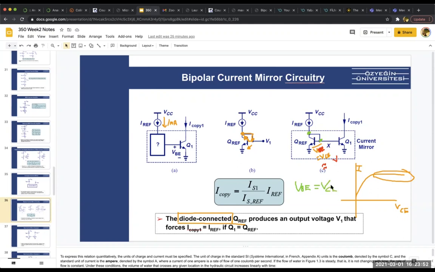So what would be the VCE for this circuit, just as an approximation? For a silicon diode, around 0.7 volts.